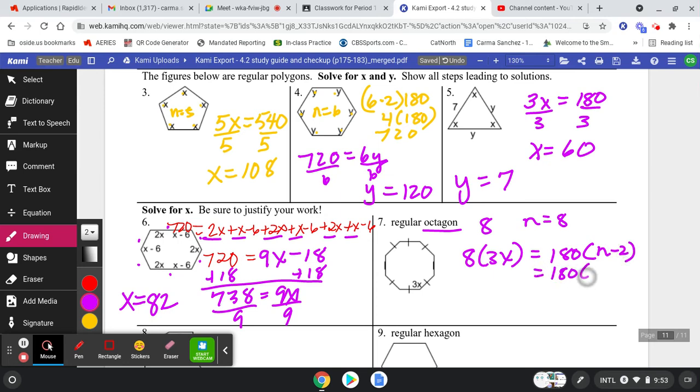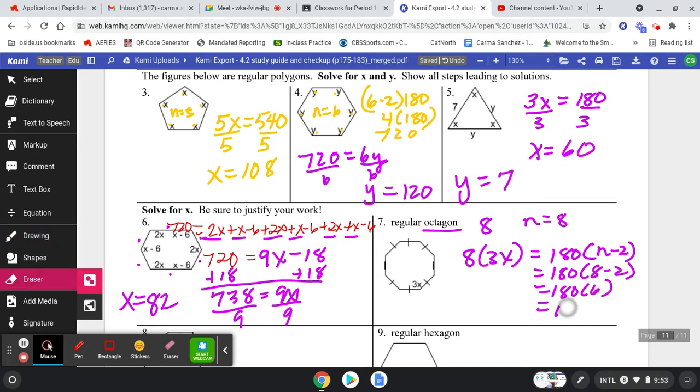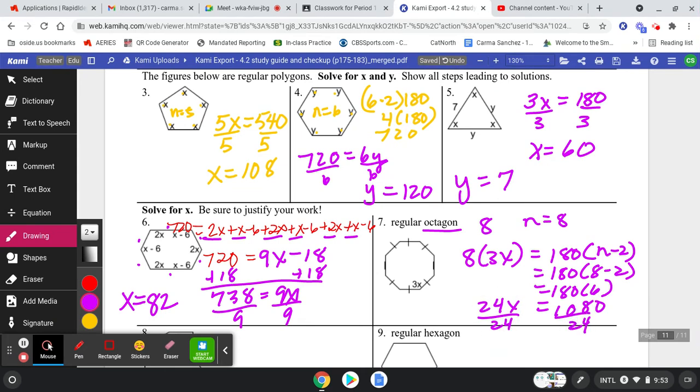And that's 180 times 8 minus 2, or 180 times 6. That gives us 1080 is equal to 24x, and you can divide both sides by 24 to solve for that x.